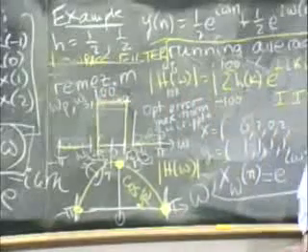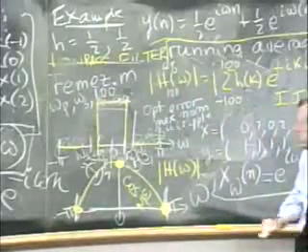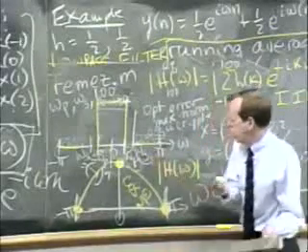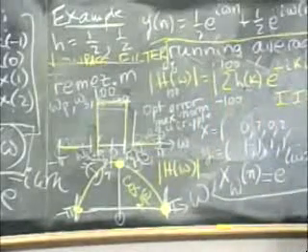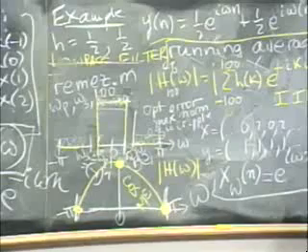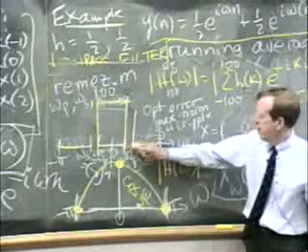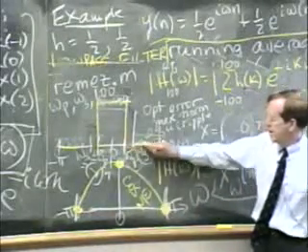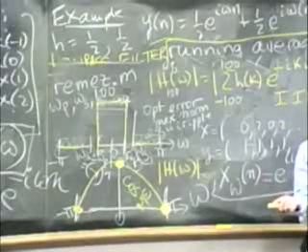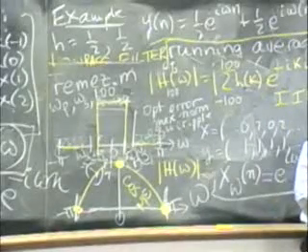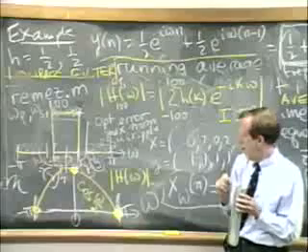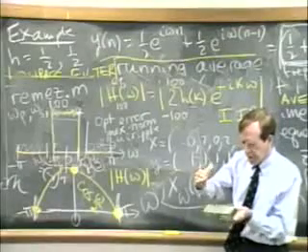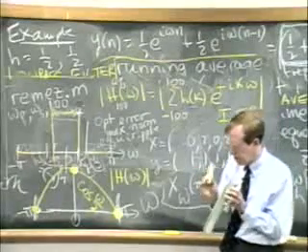S for stop. At your choice. It's some distance here, and the more distance you give it, the easier the design problem. The lower the ripples, the closer you can come to ideal.